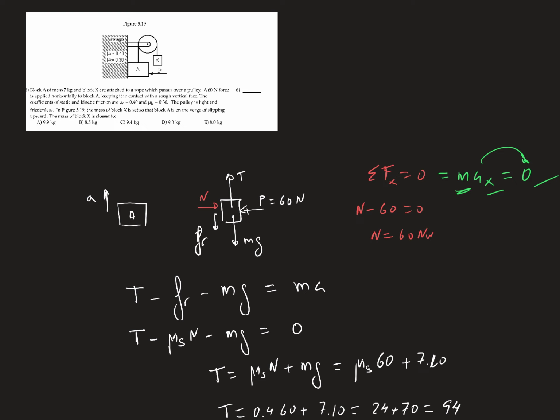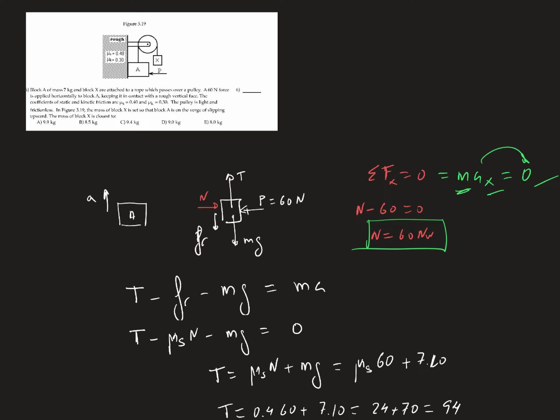The 60 newtons going to the left and the normal force going to the right. The sum of all the forces equals 0: N going to the right minus the 60 going to the left, and this allows me to find the normal force. The normal force in this case is 60 newtons. So I will remember that I know the normal force.